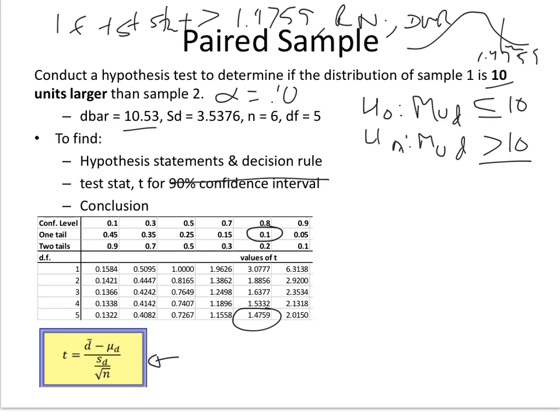Again, we're just putting this picture into words with the decision rule. That's what we're going to decide upon. Now we'll get back to this equation down here.